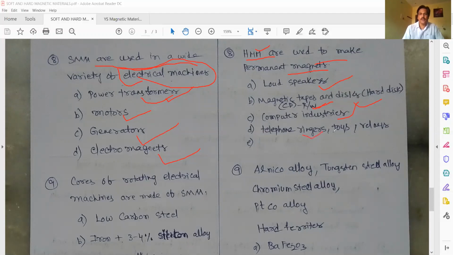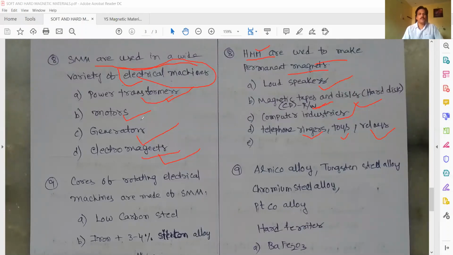Telephone rings, speakers, receivers, toys, relays use magnets. When we have to prepare a permanent magnet, you have to choose hard magnetic materials. For electromagnets, motors and generators, we use soft magnetic materials.